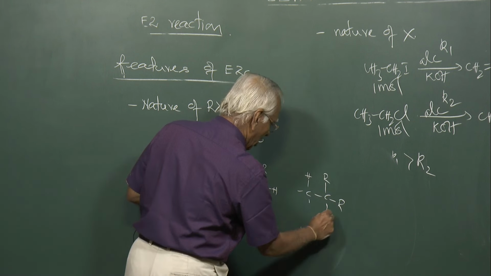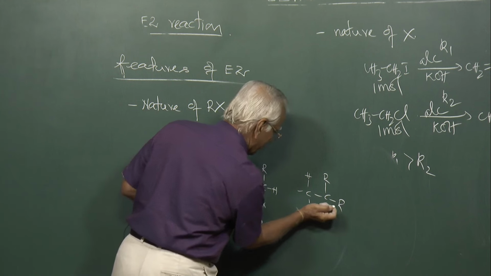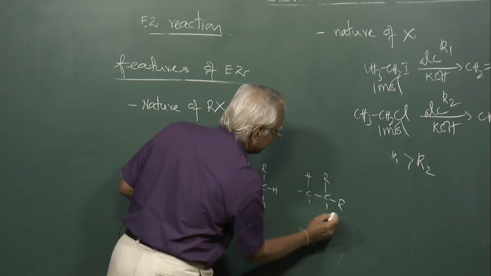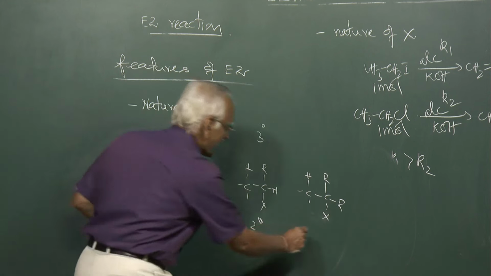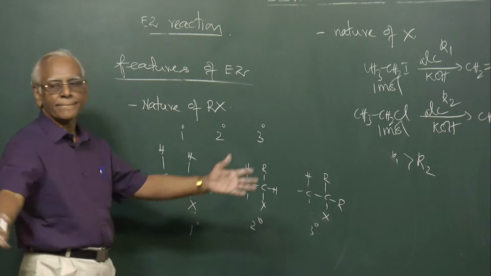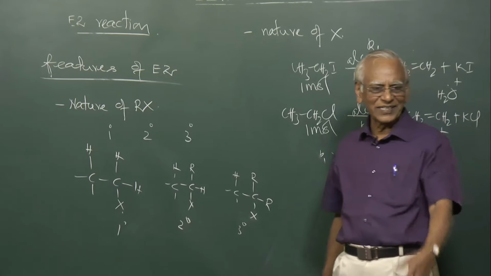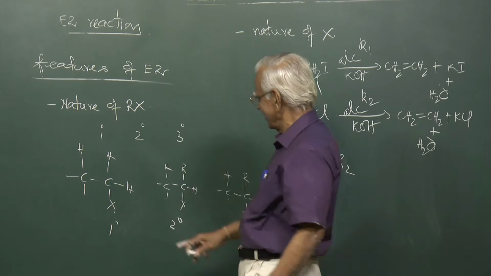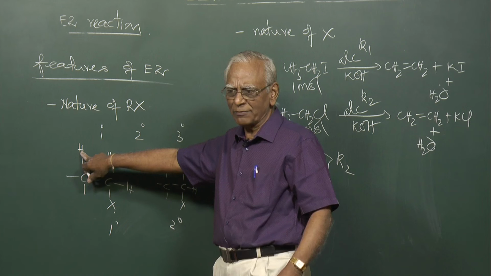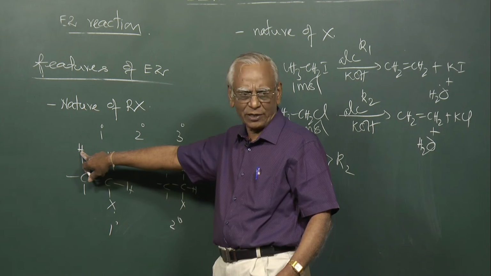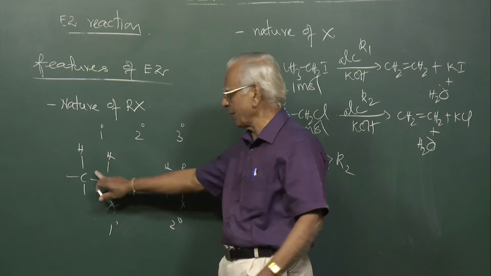There is no alpha hydrogen atom here. This is tertiary. I have already proposed a mechanism. What is the mechanism we are going to propose? As usual, the OH minus ion will abstract the beta proton. That is instrumental in forming a double bond.